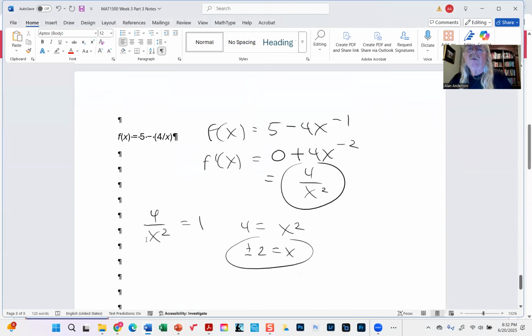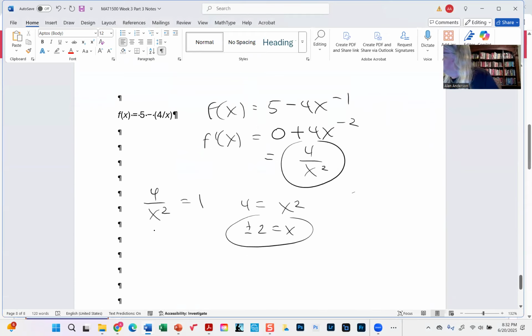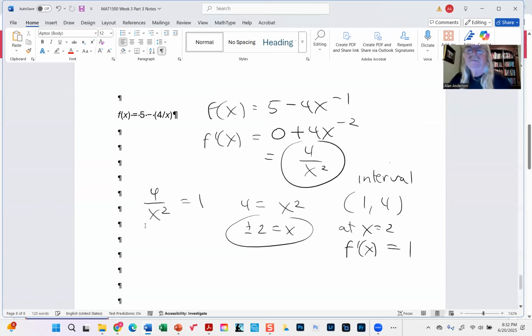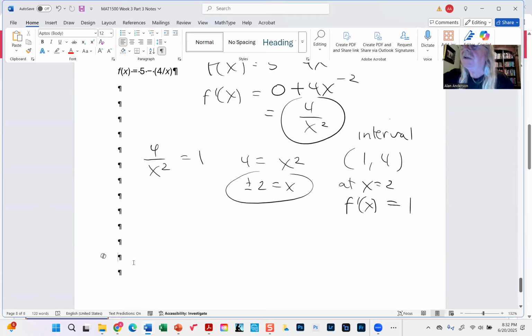So we don't need to worry about the -2. So in other words, at x equals 2, f prime of x equals 1. So I think we should look at a graph of this thing.